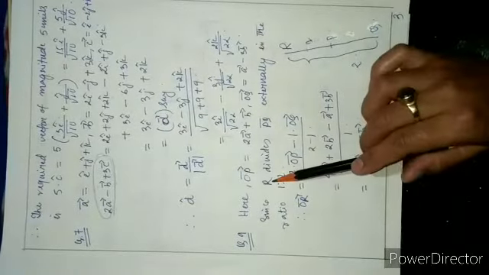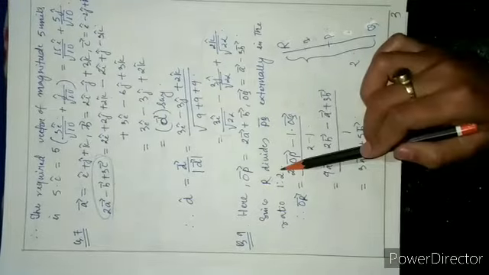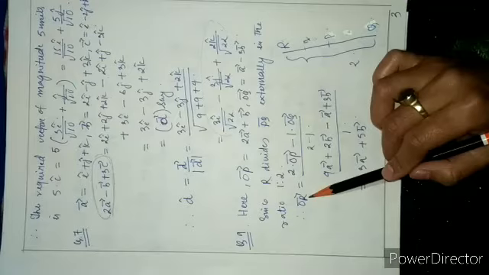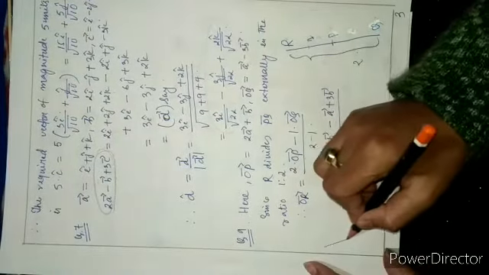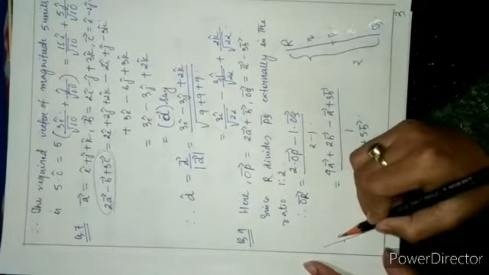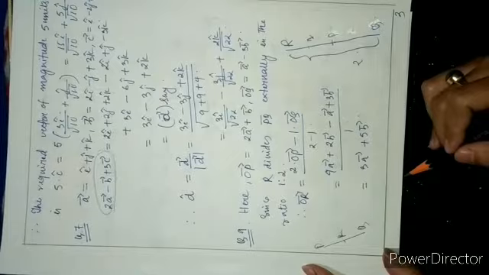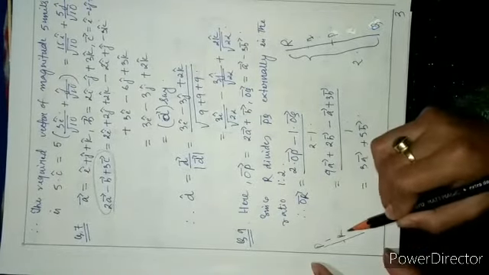If there is a point R which divides the line segment PQ externally in the ratio 1:2, then find the position vector of R. This R divides PQ in the ratio 1:2.